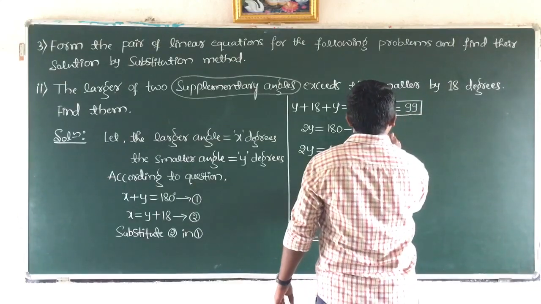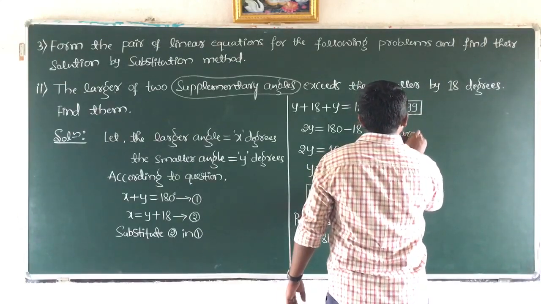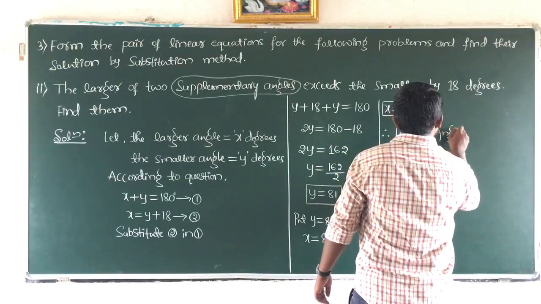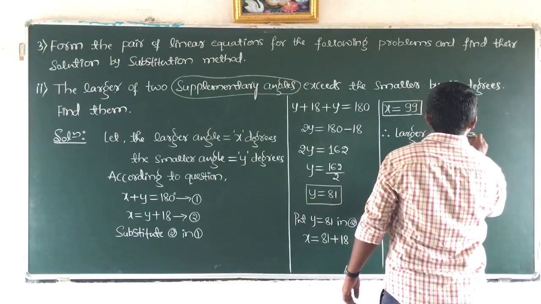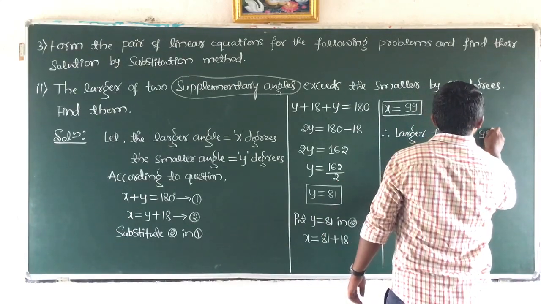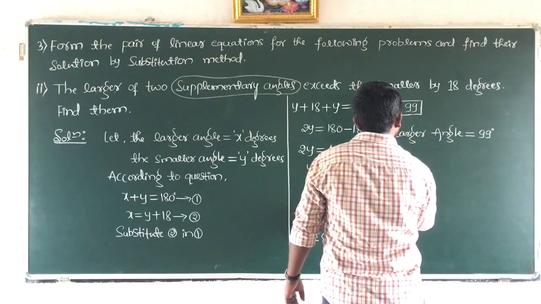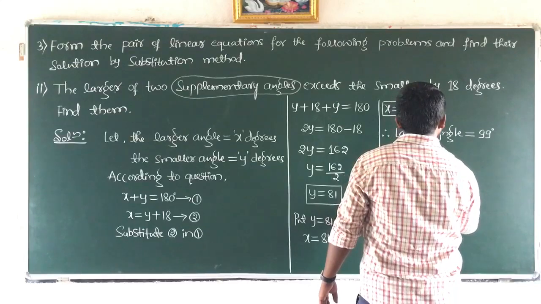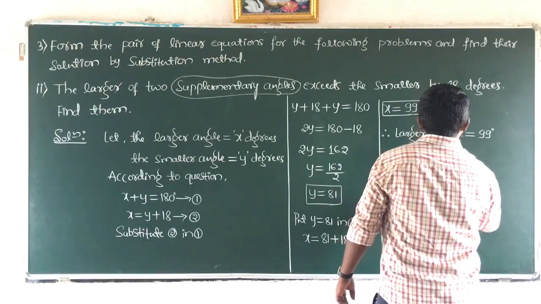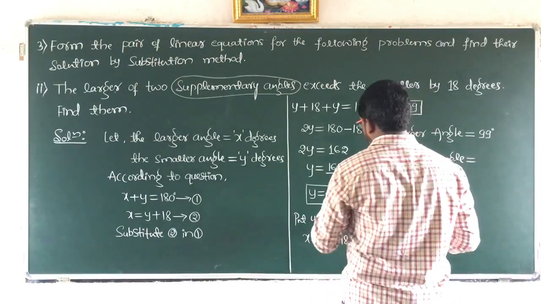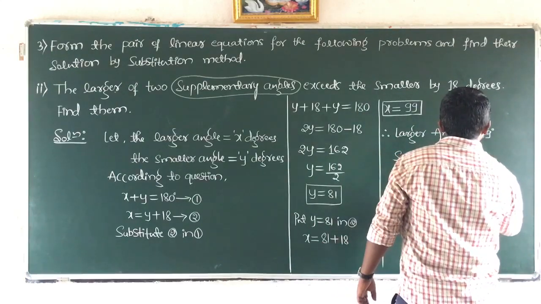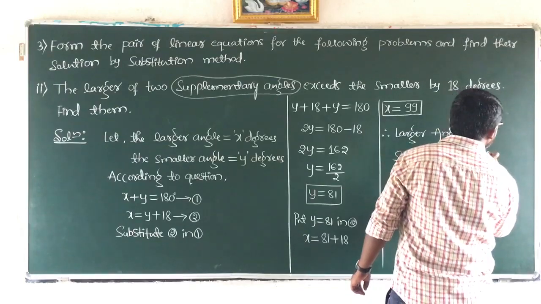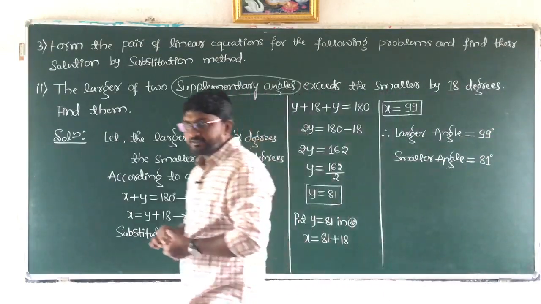Therefore, larger angle which is equals to 99 degrees, and then smaller angle which is equal to 81 degrees. So this is all about the second sub question of the third main.